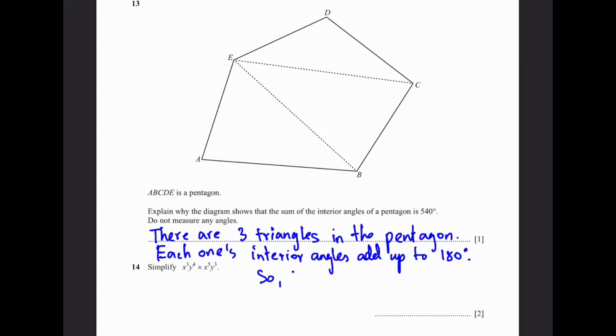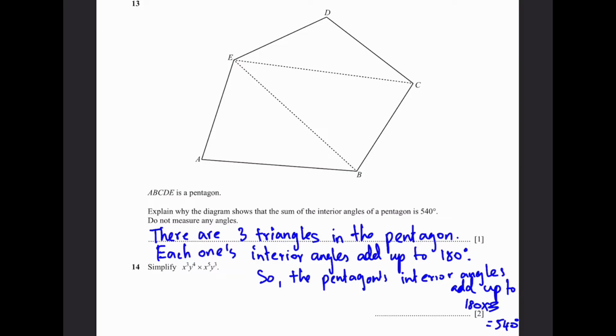So the pentagon's interior angles add up to 180 into 3, which is equal to 540 degrees. I think I could write this slightly shorter, but this is just elaborating it so it's clear.